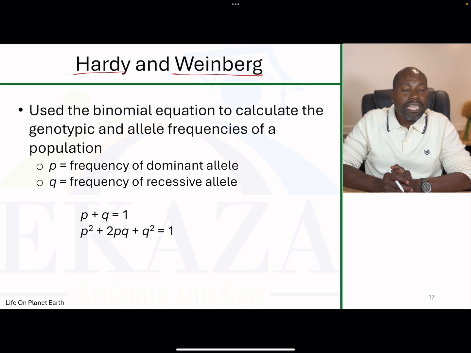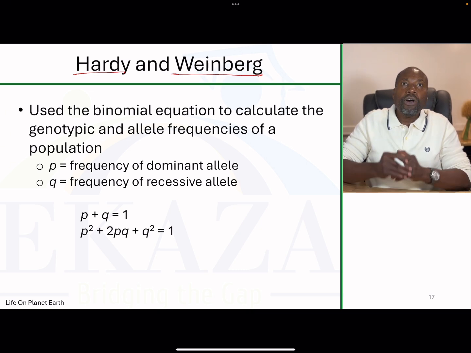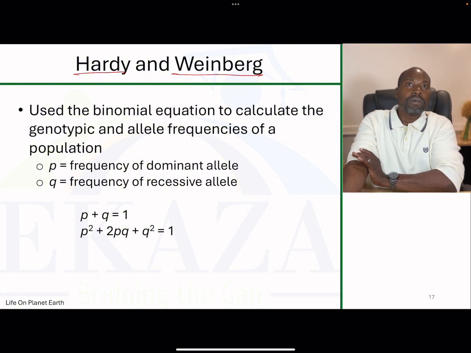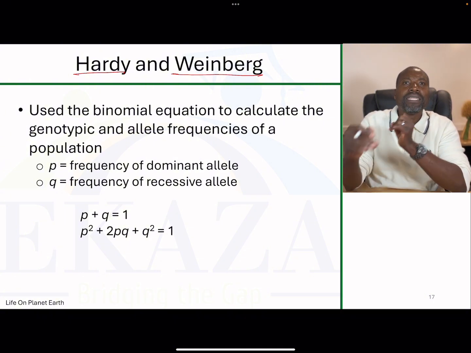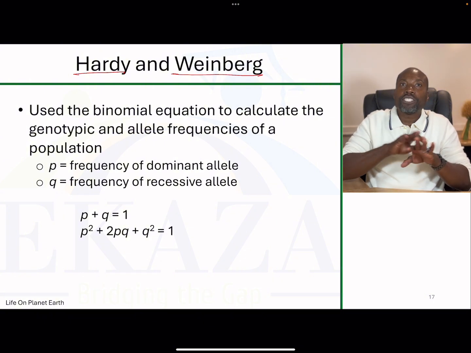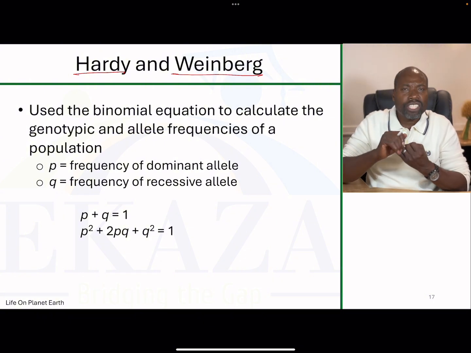And Hardy and Weinberg say that in order to be able to come up with such prediction, we have to assume that there are not many disturbances in the population. No one is coming in, no one is going out. There is no mutation, there is no random mating, right?